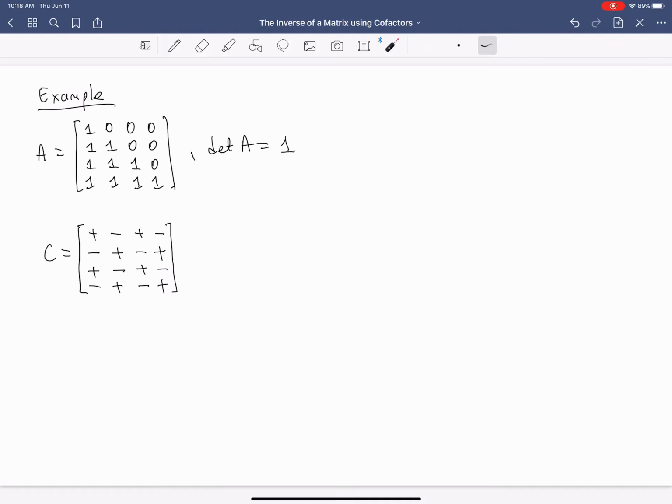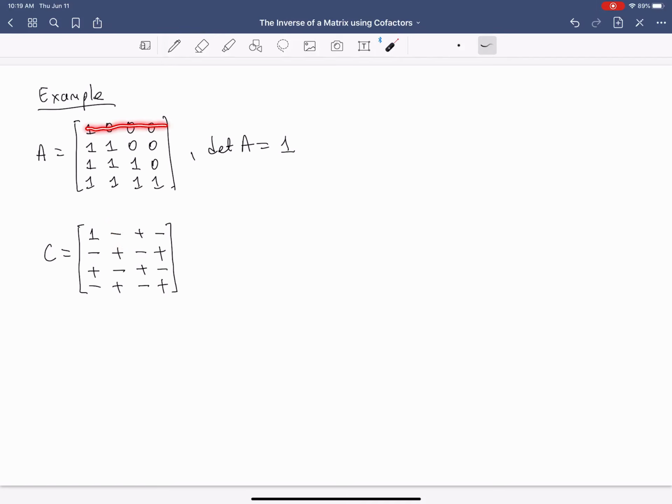Now, what is the cofactor for this position? Well, I look for that position in A. I remove that row and column, and then I look at the remaining determinant. So that we have the determinant of this smaller matrix that's again lower triangular. The determinant is 1. So actually, I replace this with a 1. Now I look for this position.